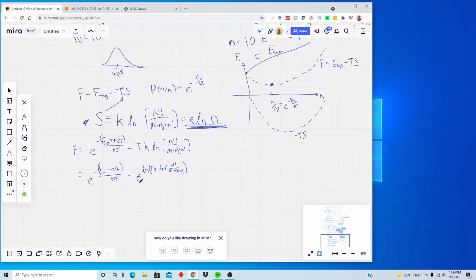Okay, and since these are exponentials, you could basically add them. No.